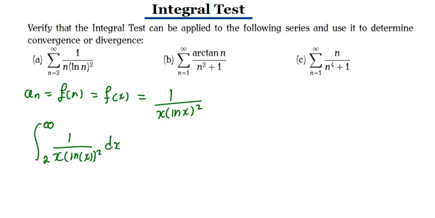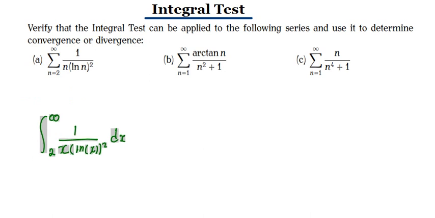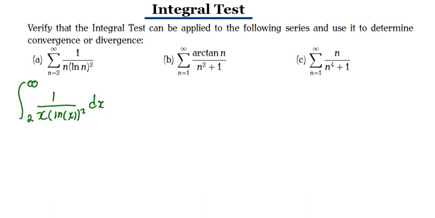Now it's just a matter of integrating. Whatever method works well for you in terms of integration, you can go ahead and use it, as long as you get the integral that you're looking for. But that method needs to save your time, of course. So I'm going to let u be equal to ln of x, meaning my du will be equal to 1 over x dx.